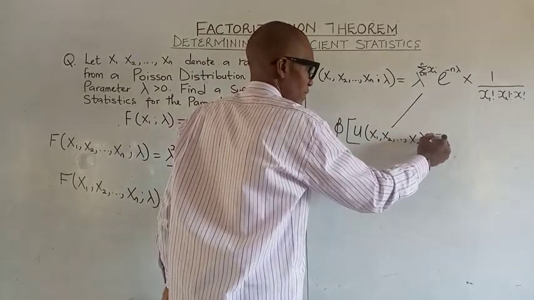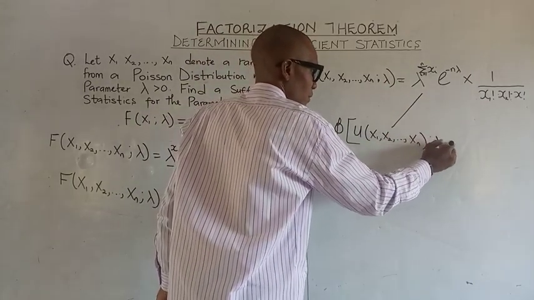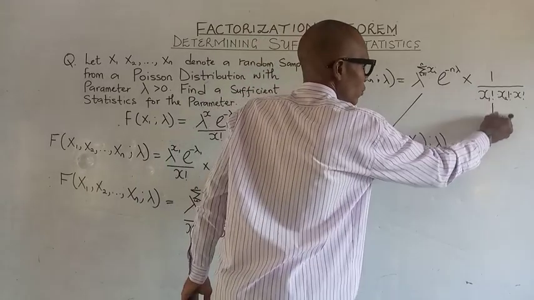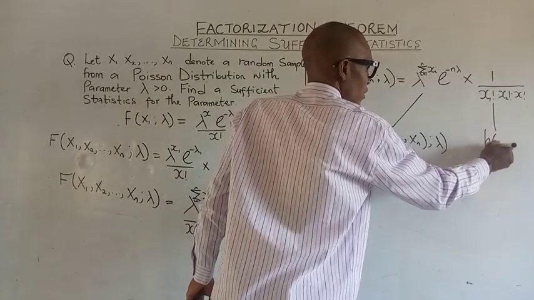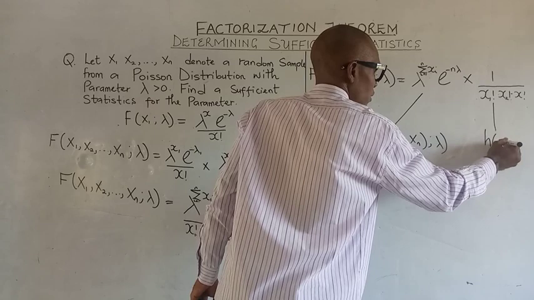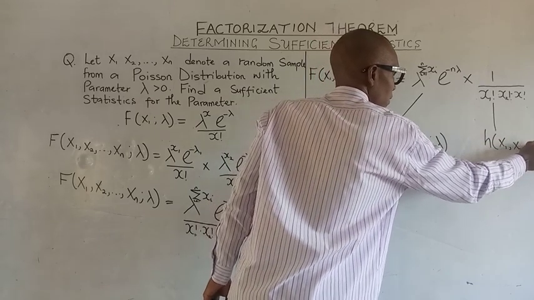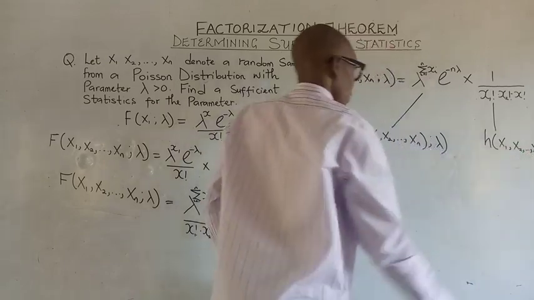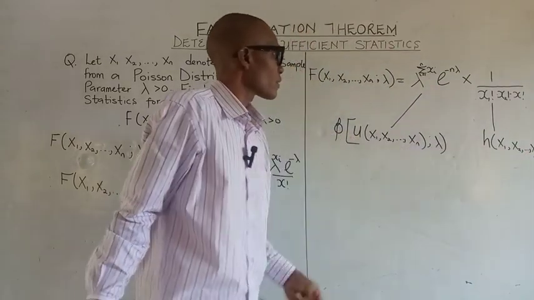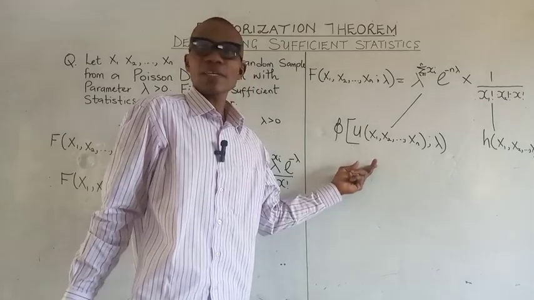So we can write this as g of lambda. This other function is the h that does not depend on the parameter lambda.